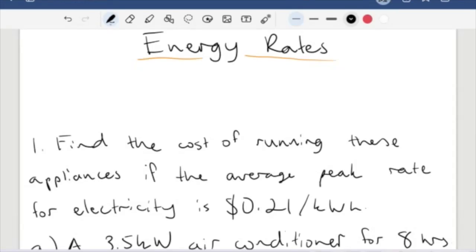Okay, so we are moving on to the next part of our course, and we're looking at another rate that we're going to encounter in day-to-day life, and this is energy rates. Once you move out of home, you are going to notice that the appliances you use, so TVs, air conditioners, whatever, have a certain energy rate associated with them.